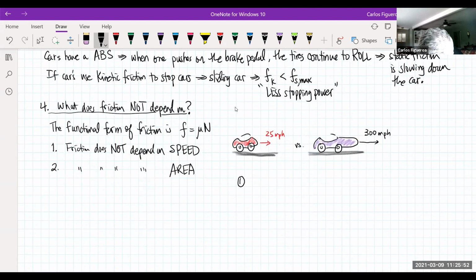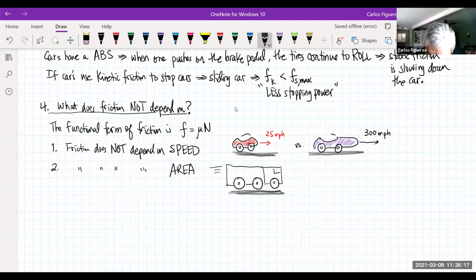Let's imagine that we have a big truck, here's a big truck with big tires, moving with some speed like this.